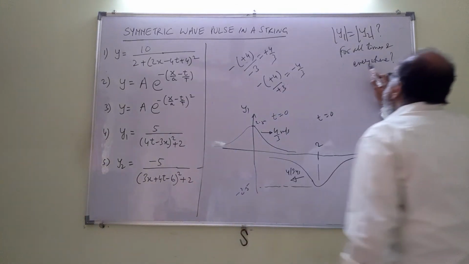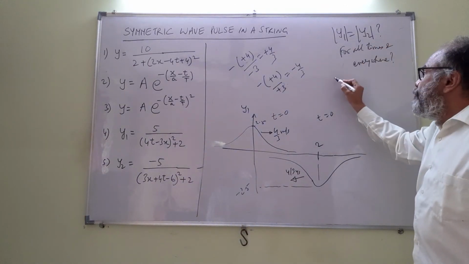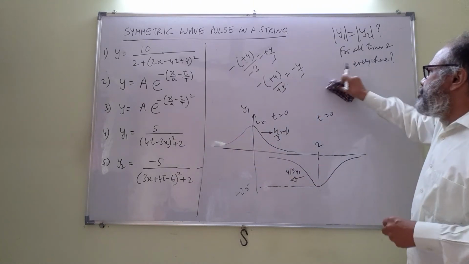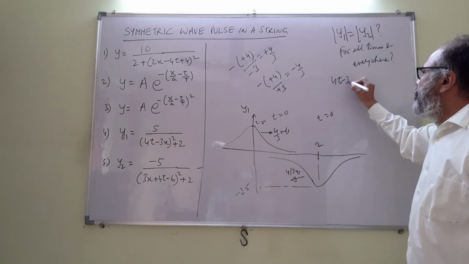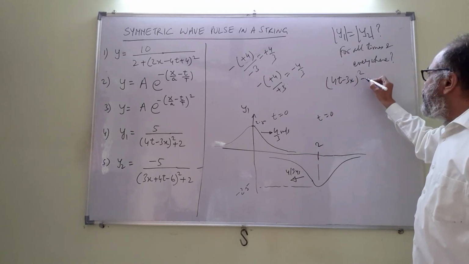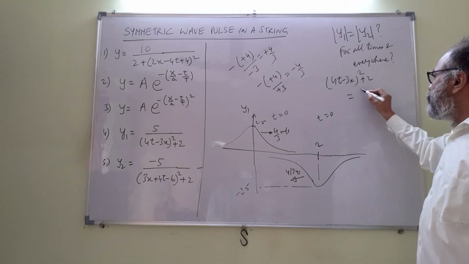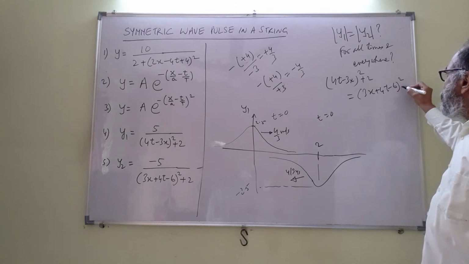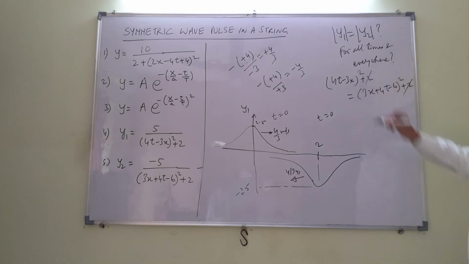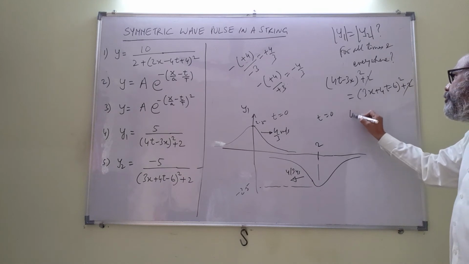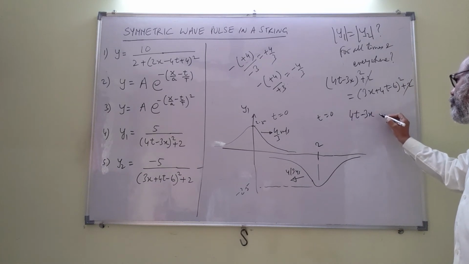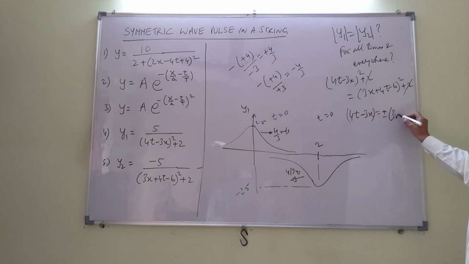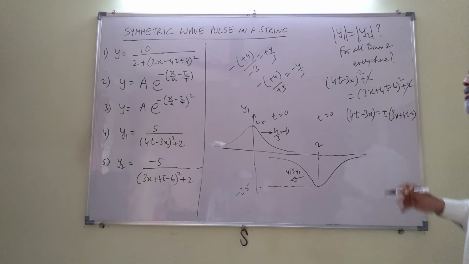If you equate these two, what you essentially get is (4t minus 3x) the whole square plus 2 equals (3x plus 4t minus 6) the whole square plus 2. If you simplify this, 2 cancels, take the square root, and you will get 4t minus 3x is equal to plus or minus (3x plus 4t minus 6).